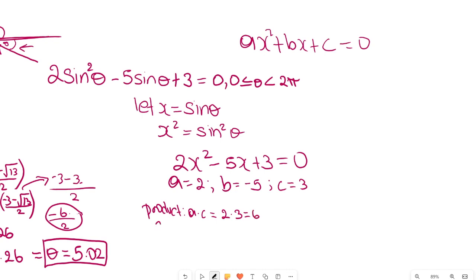When we multiply these 2 factors, we get 6, but when we add them, we get b, which is -5. And what do you know? The numbers are in front of us. 2 times 3 is 6, and then we'll have to take the negative of those, right? So -2 times -3 will give us a +6, and when you add those, you will get -5.